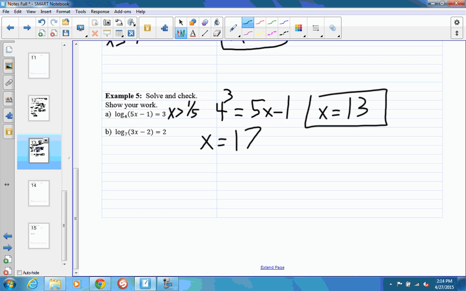What's your restricted domain? X is, well, not equal, my bad. X is greater than what? Colton, do you know how we got 2/3? Okay. So does 17 work? Good.